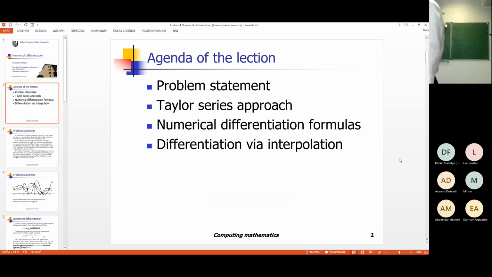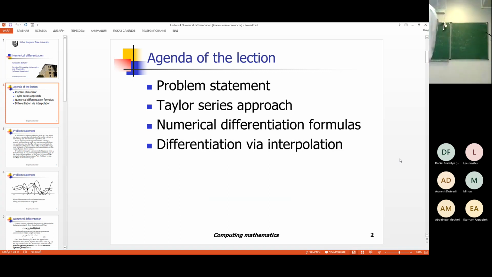So, as usual, we first consider the general problem statement. After that, we discuss some general approach called Taylor's series approach for deriving numerical differentiation formulas.